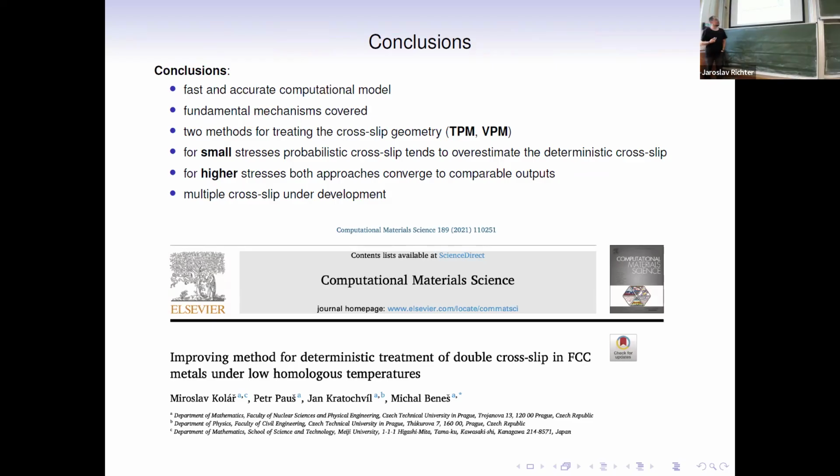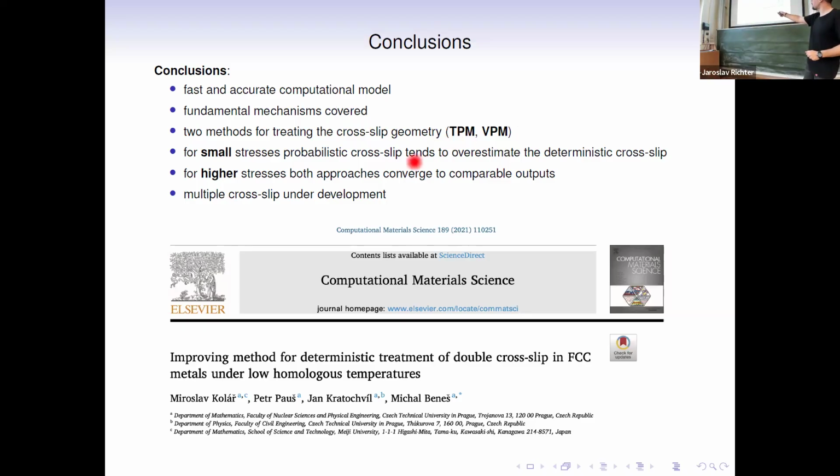I tried to cover the fundamental mechanisms involving the interaction of one dislocation with another and with obstacles. And mostly I tried to describe our current work on the cross-slip effect related to the geometry, and also the different kinds of methods based on tilting and projection.